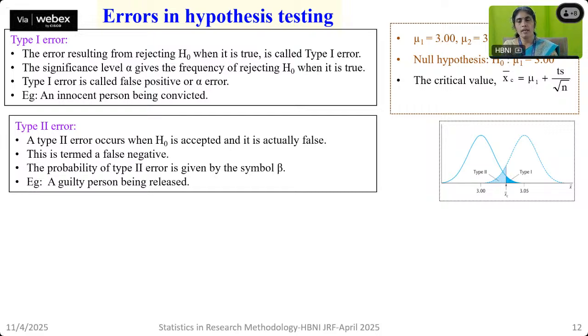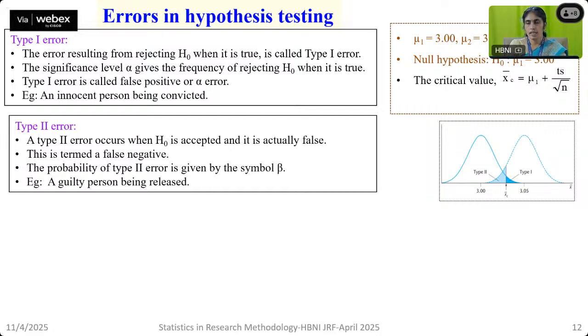Say, for example, I have a mu1 value of 3.00 and another mu2 of 3.05, and I propose the null hypothesis. Here the null hypothesis should be mu1 is equal to mu2. It is not mu1 equal to 3.0. The null hypothesis is mu1 equal to mu2, so the difference mu1 minus mu2 is 0.